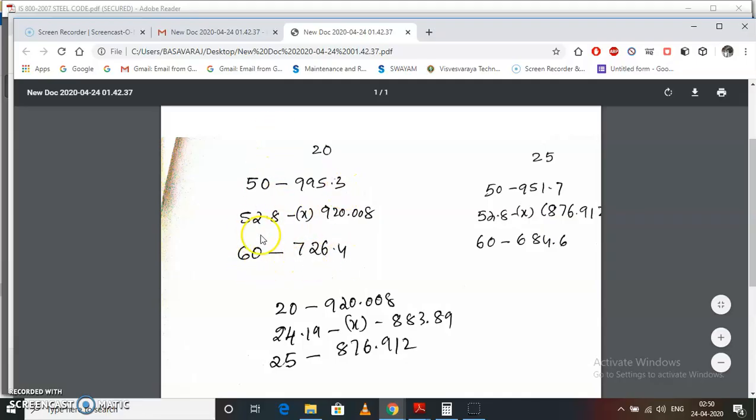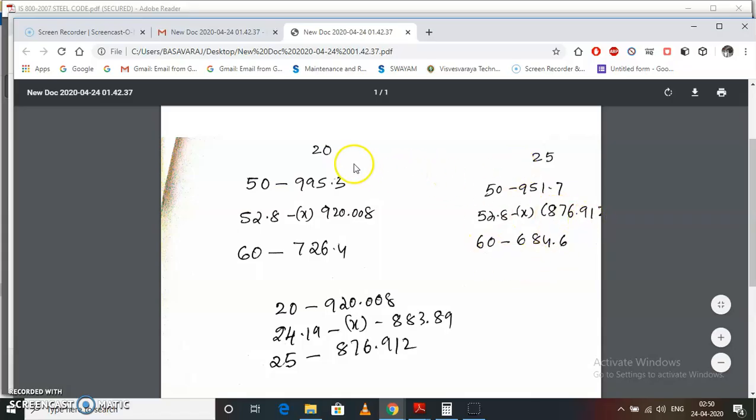Now interpolate for 52.8, you will get 920.008. Similarly when KL by r is 50 and h by tf is 25, the fcr value is 951.7. When it is 60, it is 684.6. Now we need the value at 52.8, and by interpolation you get 876.91.